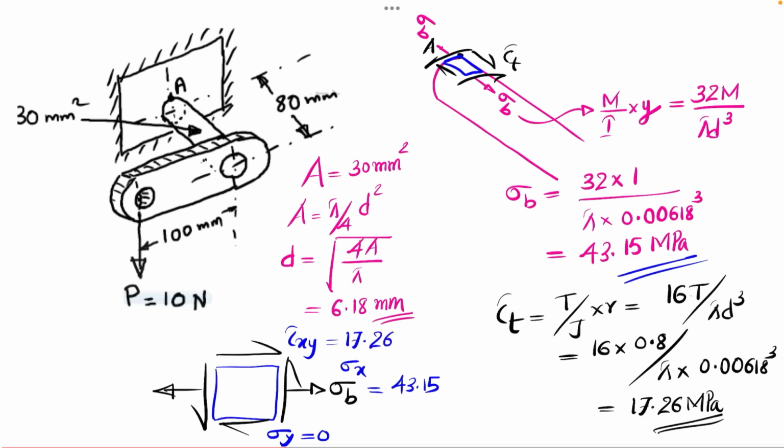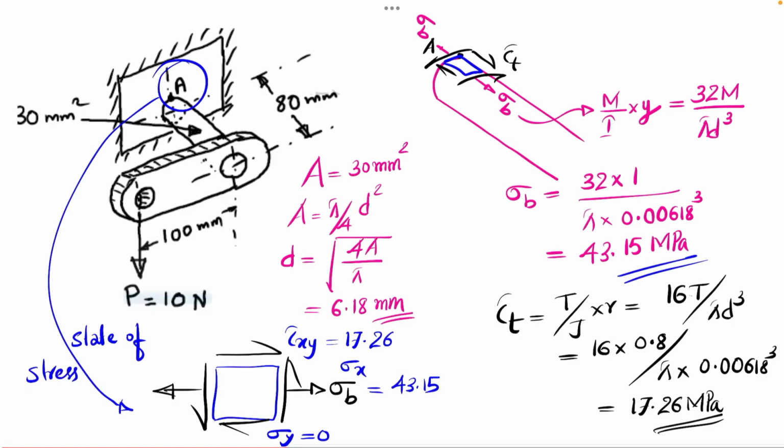For these stress components we can use the principal stress equation for evaluating the principal stresses and maximum shear stress at this point A. This is the state of stress for that point.